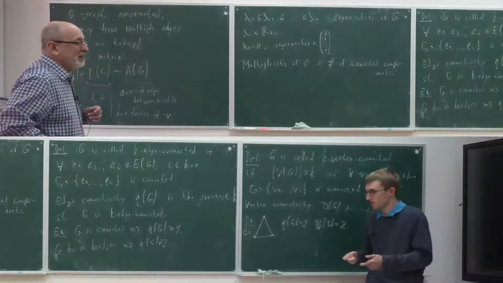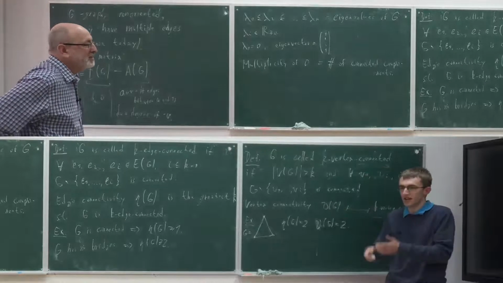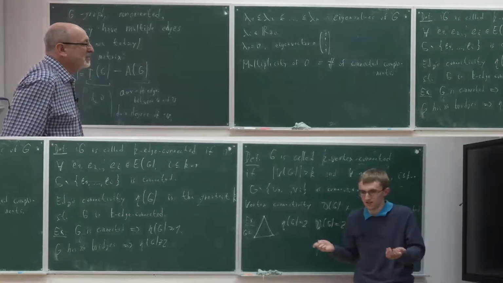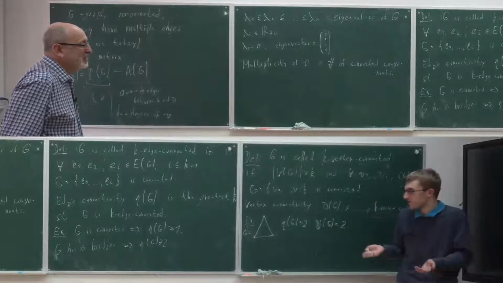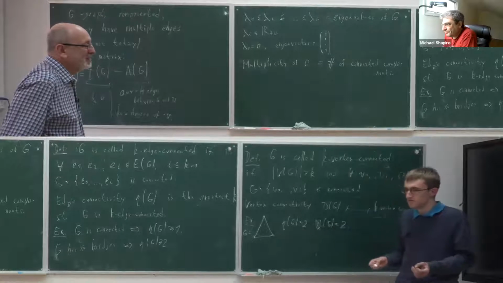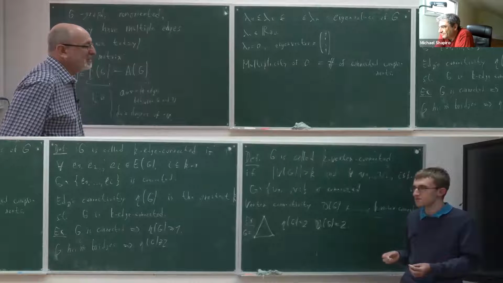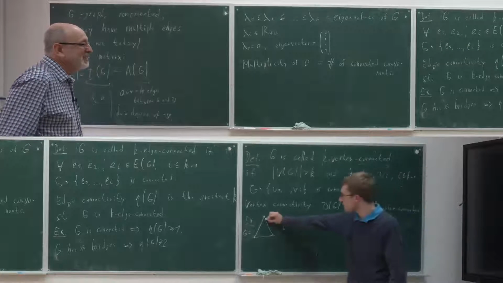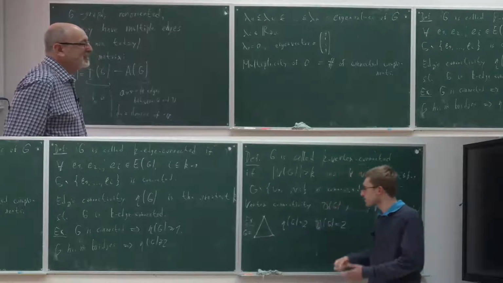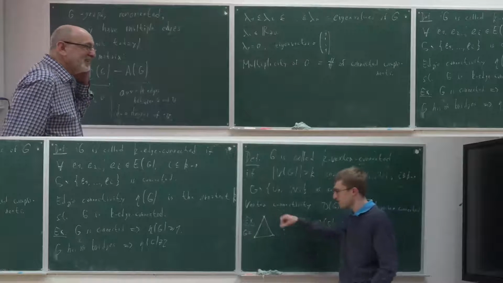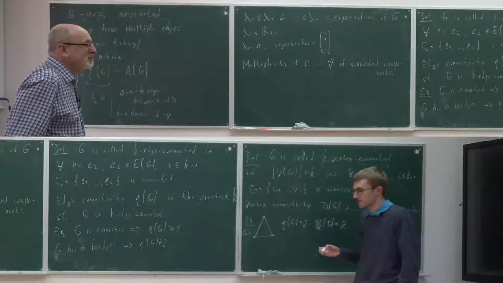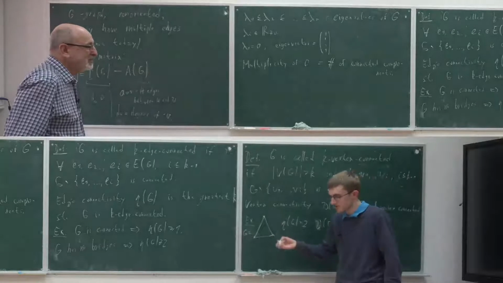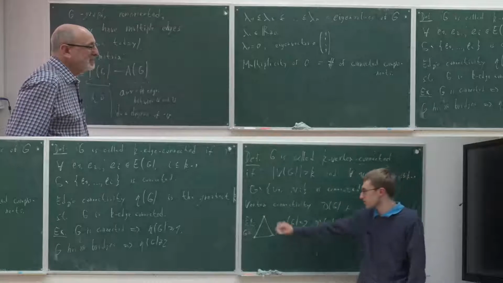When we're given a graph, one may ask, can we remove several vertices in order to make it not connected? If we remove two vertices, we have one vertex and it is still connected, right? So when you have a triangle, we cannot remove any subset of vertices in such a way that the graph will lose connectivity. Whatever we do, it will still be connected.